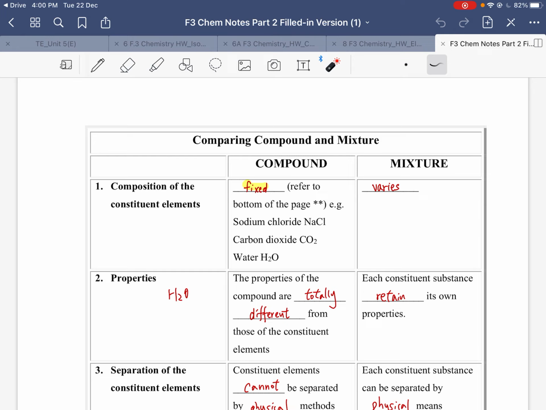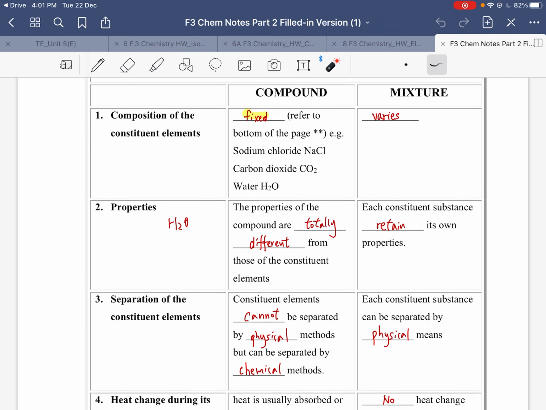In terms of physical property, water is a liquid, while the two constituent elements of water, hydrogen and oxygen, are gases. Talking about chemical property, hydrogen is explosive, oxygen helps burning, but water is used to put out fire. So they have totally different properties. But a mixture can retain its own properties.